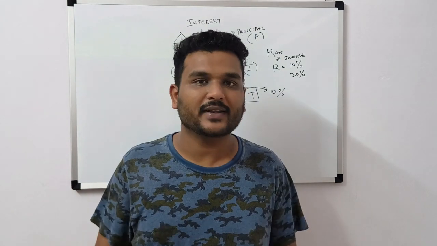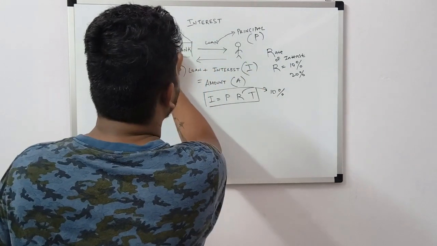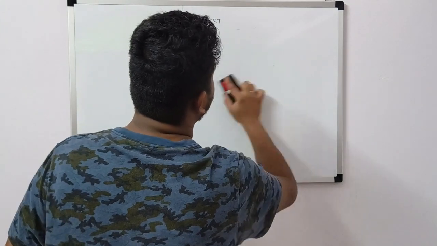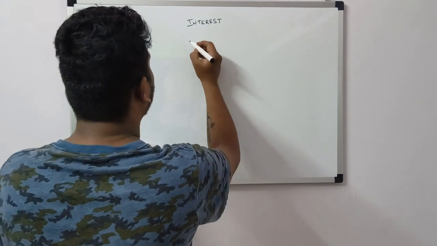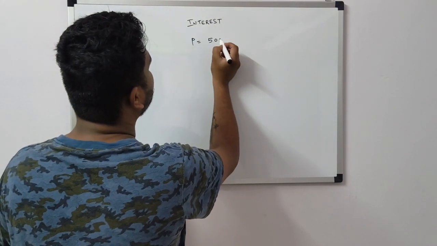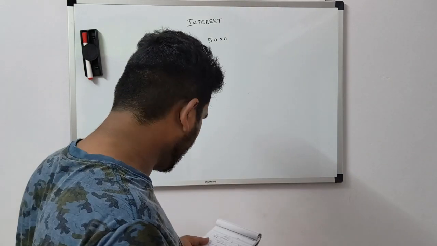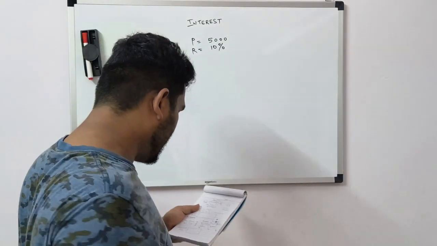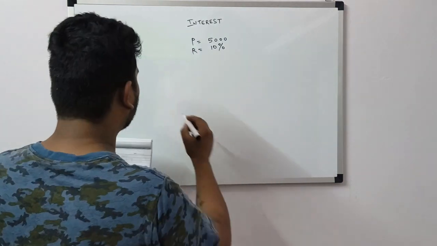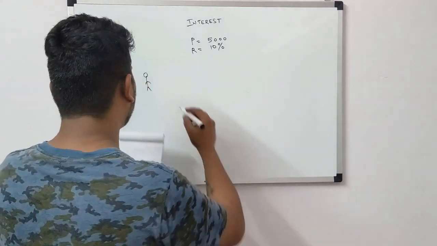Now let's take some other examples so that we get very comfortable with our calculations. Let's say this time we have a principal of not 10,000, let's say 5,000, and again, let's take a 10% rate. Let's say this is the same guy who took the loan.